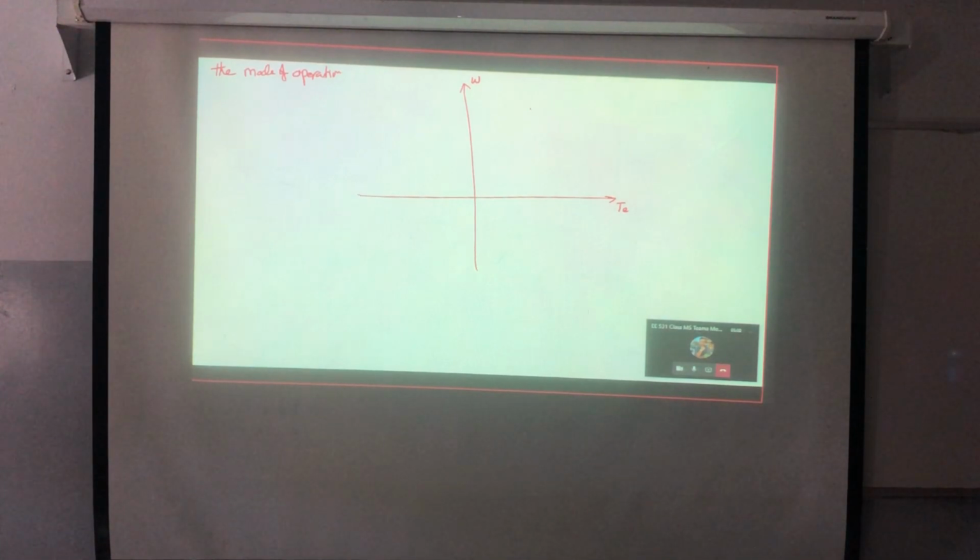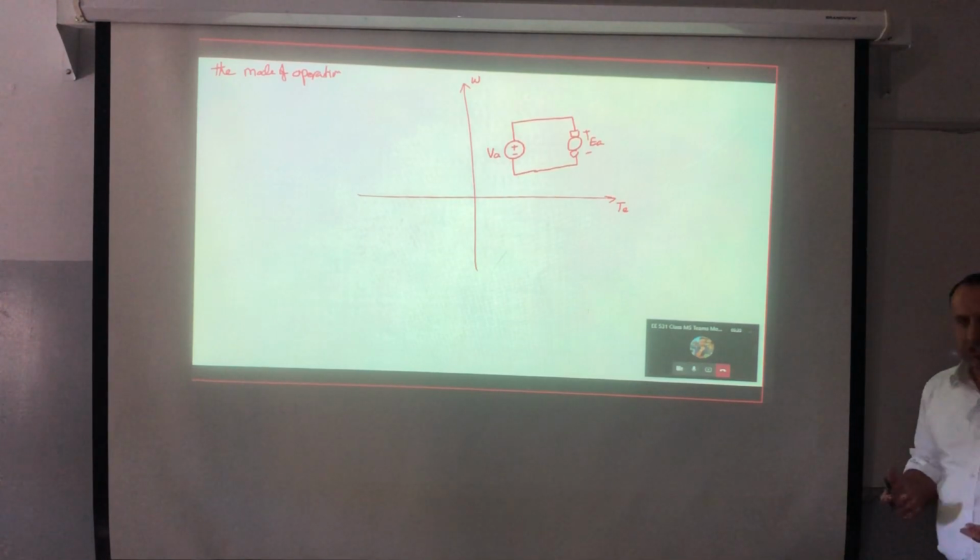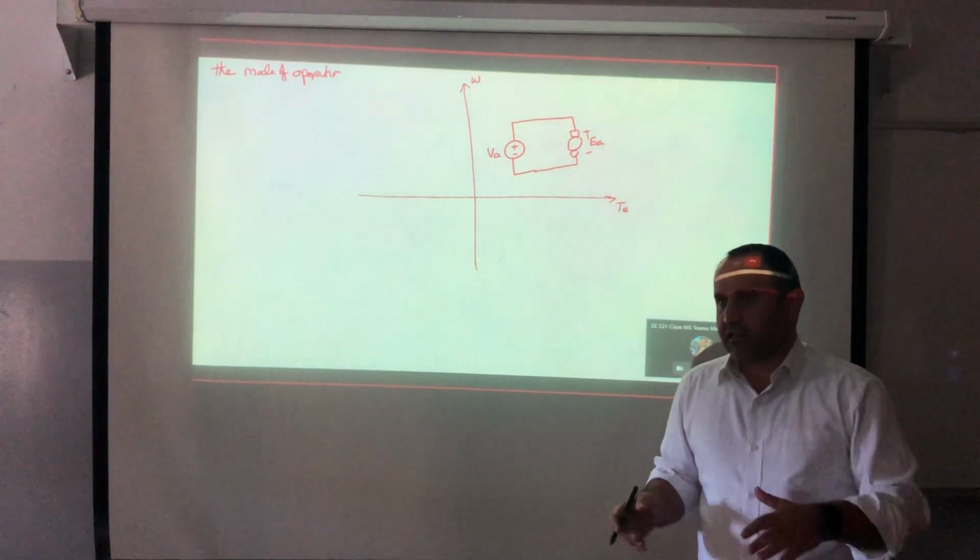Now let's see. In general, let's assume that we have plus minus here, which is the VA, and plus and minus here, which is the EA. For the motor action, VA must be greater than EA.